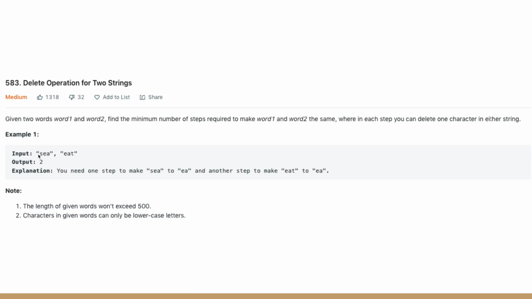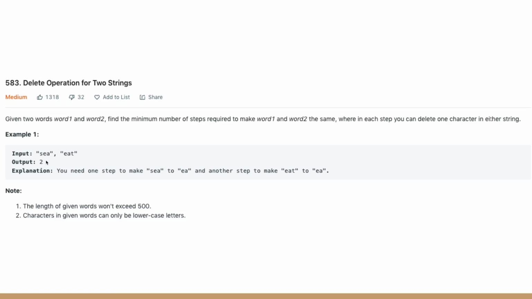Now I'm putting my I back and J is still right here, and now I want to compare SEA with EA. So what I do is increment my J. My J is under A right now, so the rest of the string is going to be AT compared with SEA. As a human, you will realize this is not the best option, and incrementing I is going to be the option for the eventual global optimum.